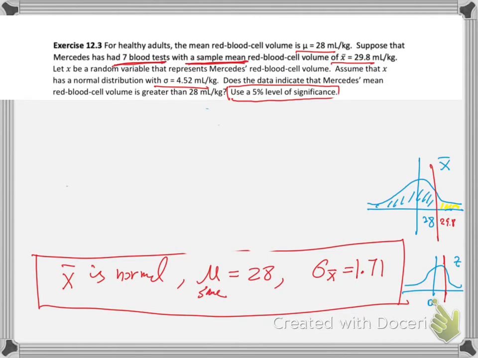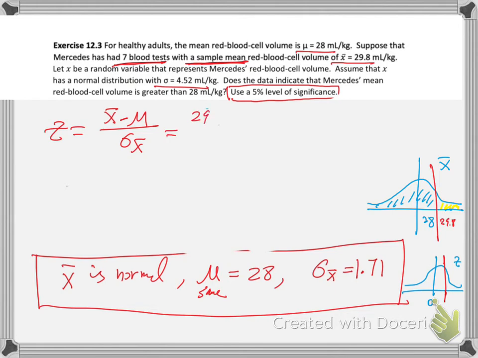I deleted everything, but I kept x bar, mu, and sigma x bar because we need them to change the cutting line to z, the standard normal. So z is x bar minus mu divided by sigma x bar.